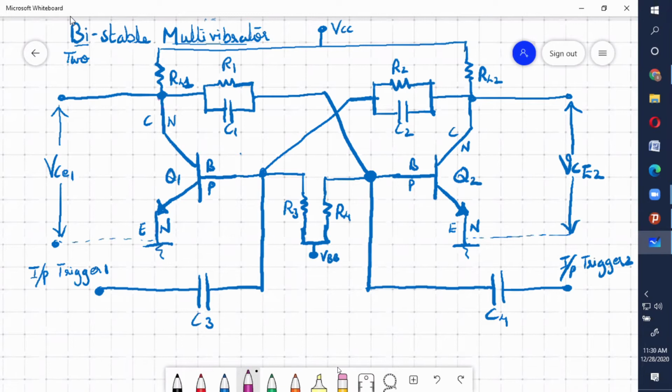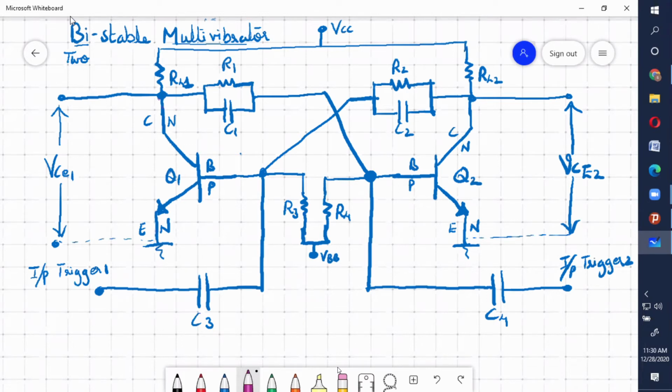Now we'll come to Q2. What type of transistor is Q2? N, P and N, right? That is also an NPN transistor. When an NPN transistor is on, its base should have what value? Positive. Whenever the base of Q2 is positive, it will act as a closed switch.